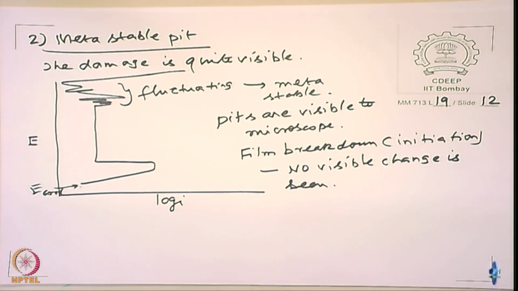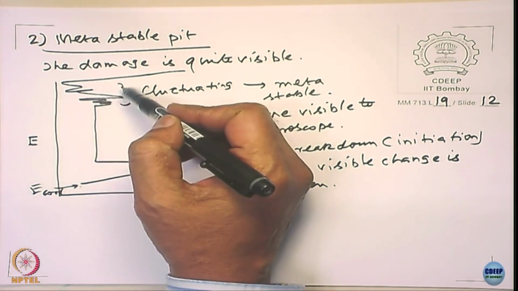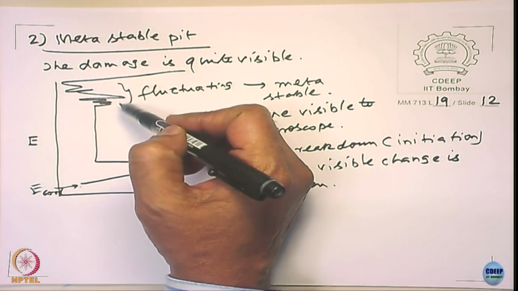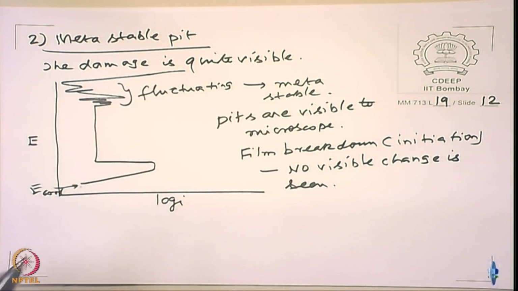In other cases, you see that there is a dynamic process of metal dissolution and then repassivation taking place, and in the microscope, you would not see any features. But over here, you observe in the microscope, you see microscopic size pits appearing, disappearing, appearing and disappearing. That means what?